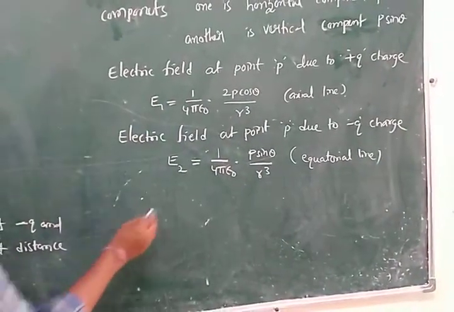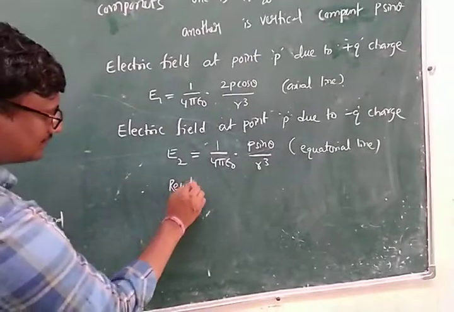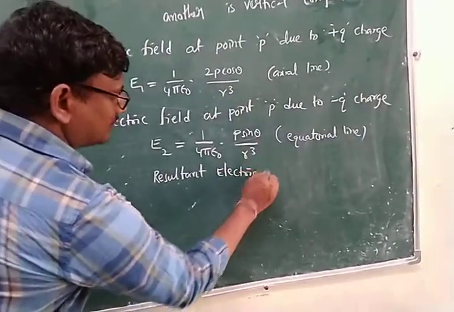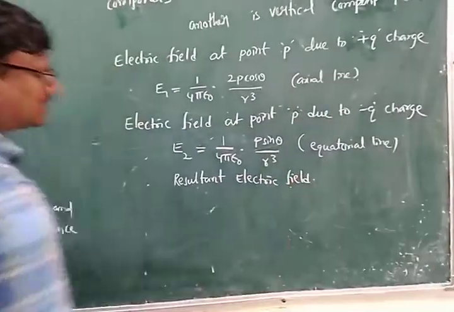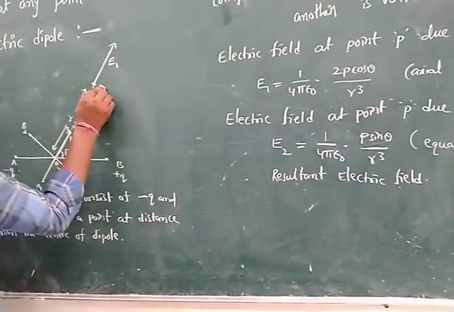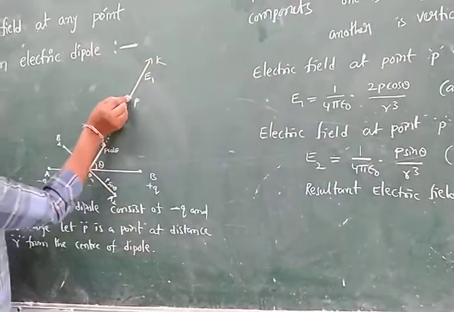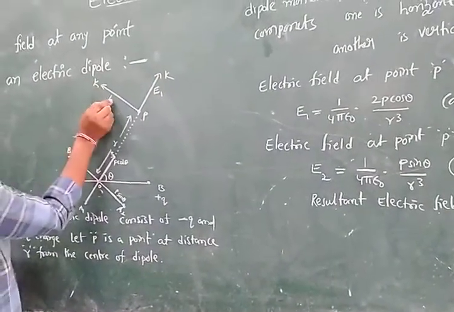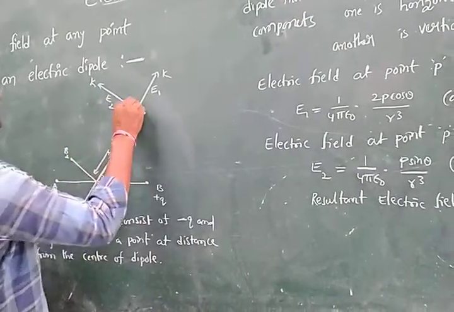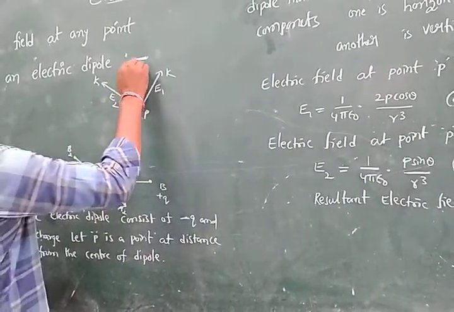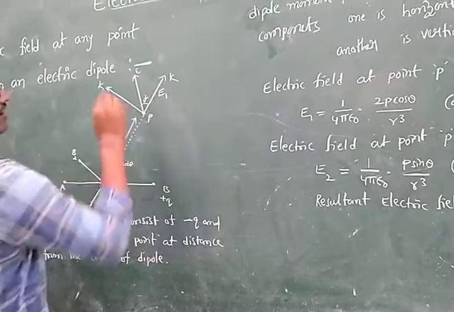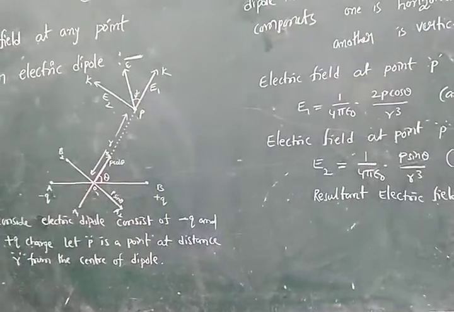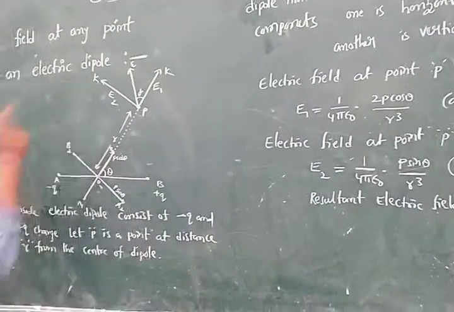Therefore, the resultant electric field. E1 is due to the positive charge and E2 is due to the negative charge.